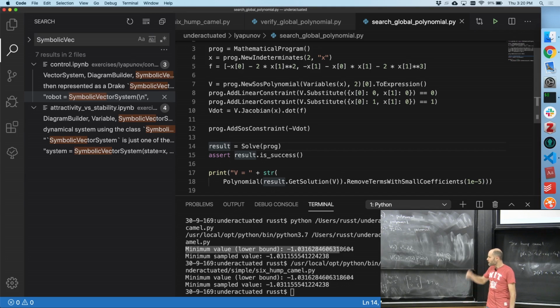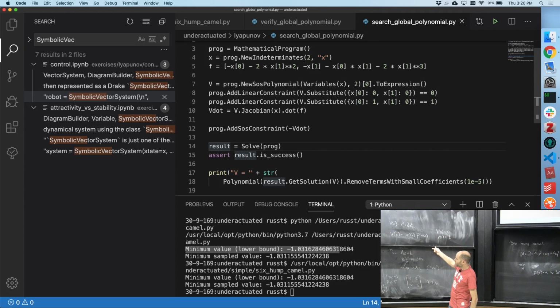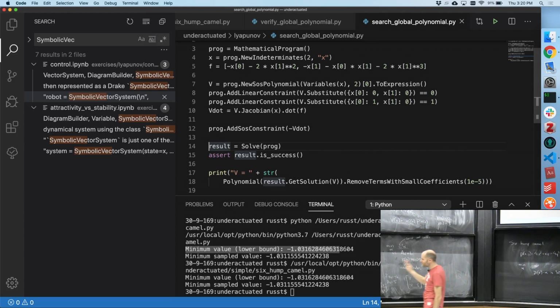Okay, now, just like we did, there's more to do, right? You have this now magic oracle. It says if I can find this, then for all x, P of x is greater than 0. But in practice, I don't care how good you are at control. If you put it on a humanoid and you claim that for all x, the robot will never fall down, that's just not possible, right?